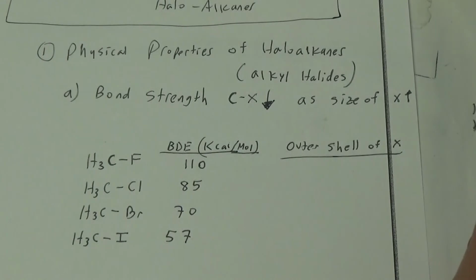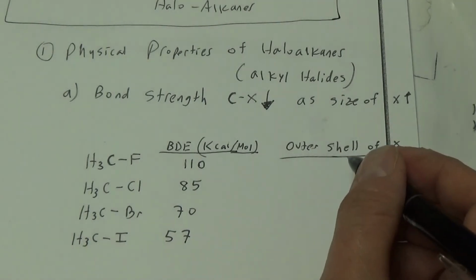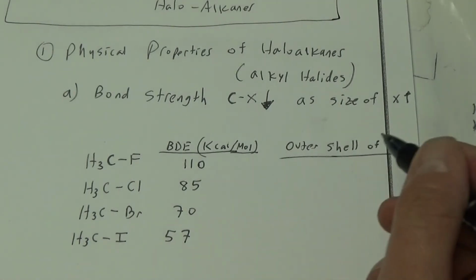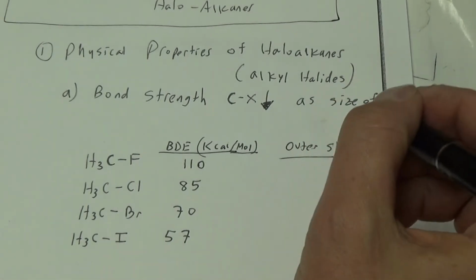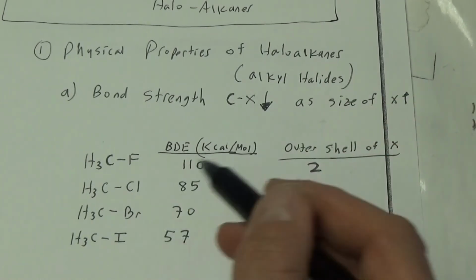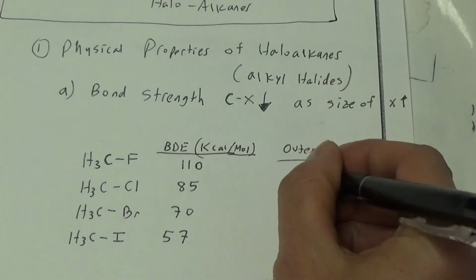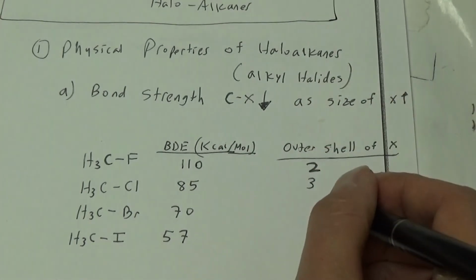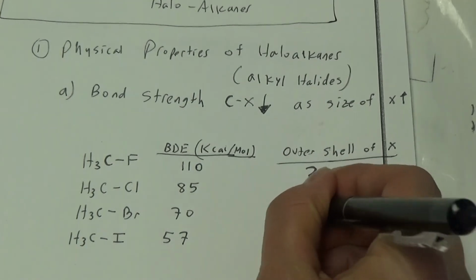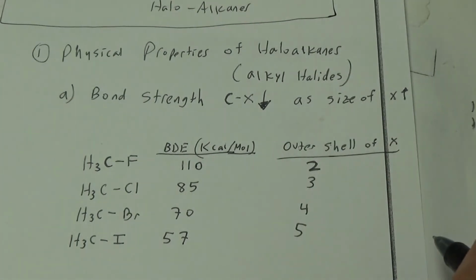So the outer shell of the halogen atom, for fluorine, it's a second row atom, so it's 2. And everything else just goes onto subsequent rows. So chlorine is 3. Bromine is 4, and iodine is 5. So each of these are in subsequent rows of the periodic table.